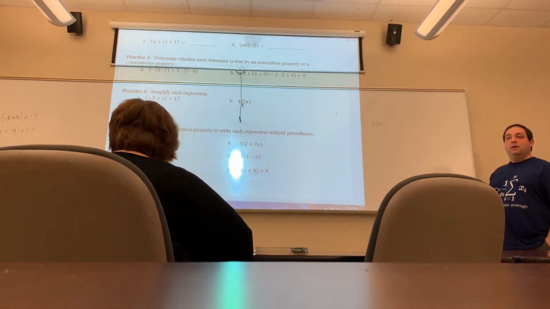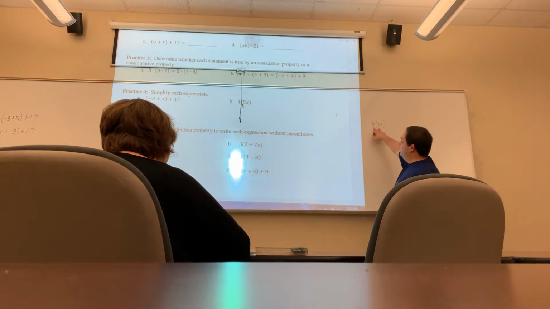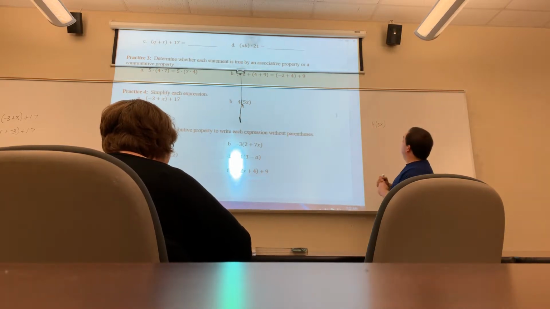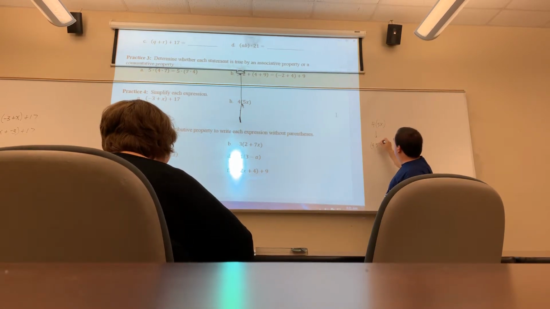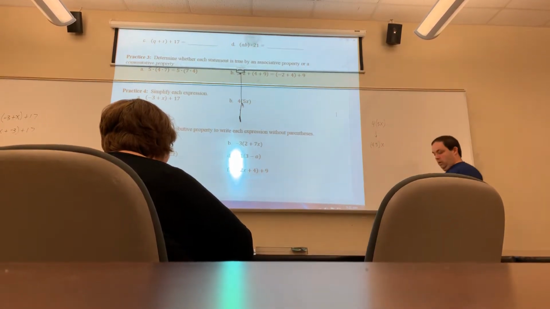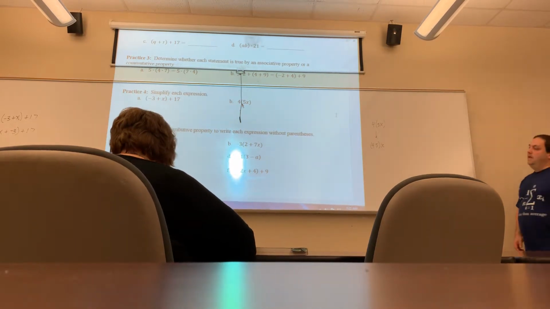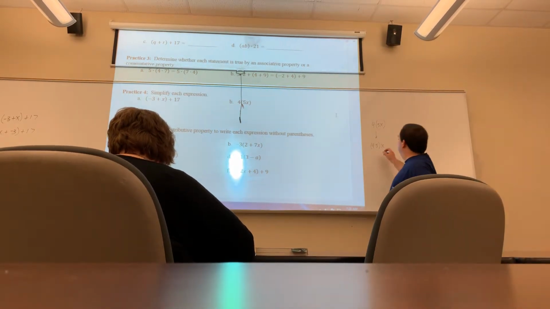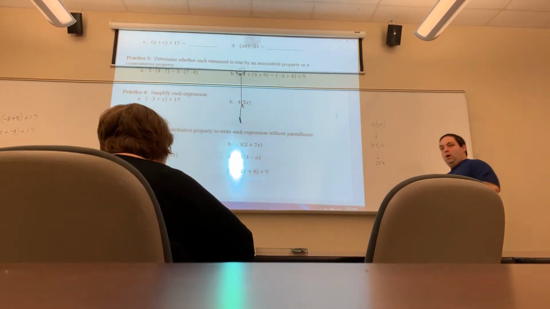Don't need to move them. I need to reassociate the two here, right? Yes. So that's what I'm going to do. All I did was move the parentheses there. And then, of course, 4 times 5. So that only required an associative property.